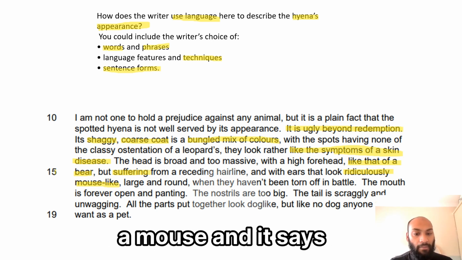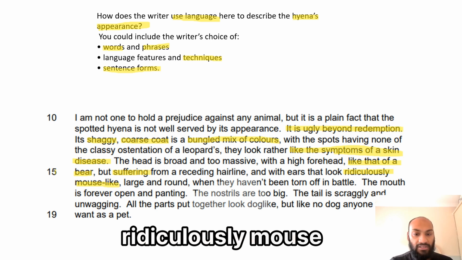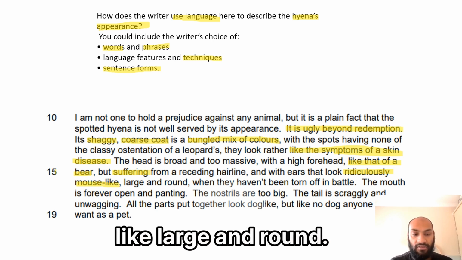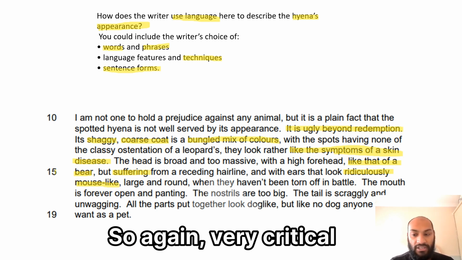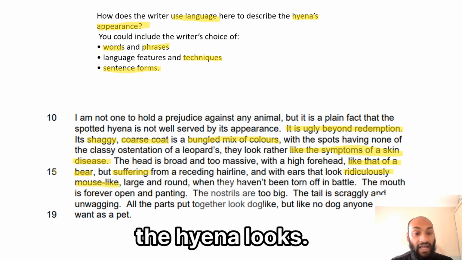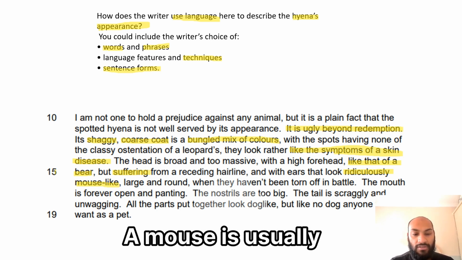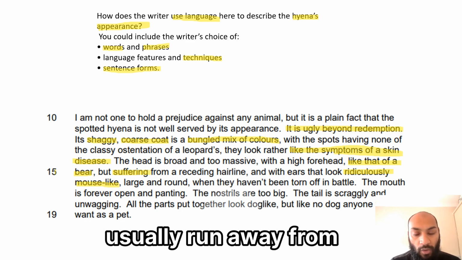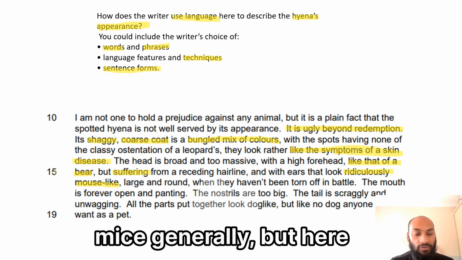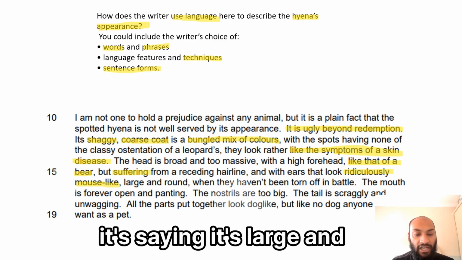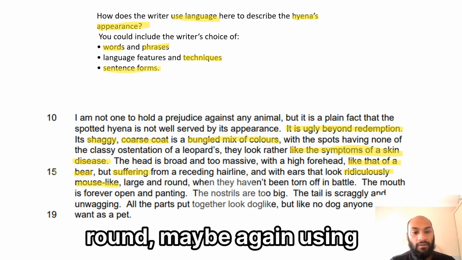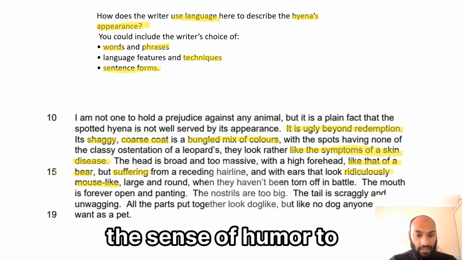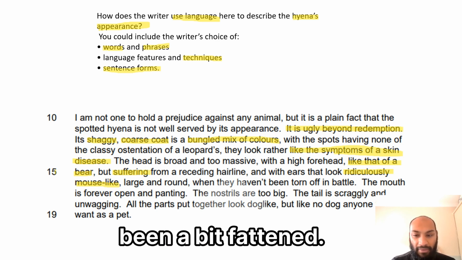Then we think about a mouse, and it says ridiculously mouse-like, large and round. So again, very critical in terms of how the hyena looks. A mouse is usually very small, and people usually run away from mice generally. But here it's saying it's large and round. Maybe, again, using a sense of humor to show how it's been a bit fattened.